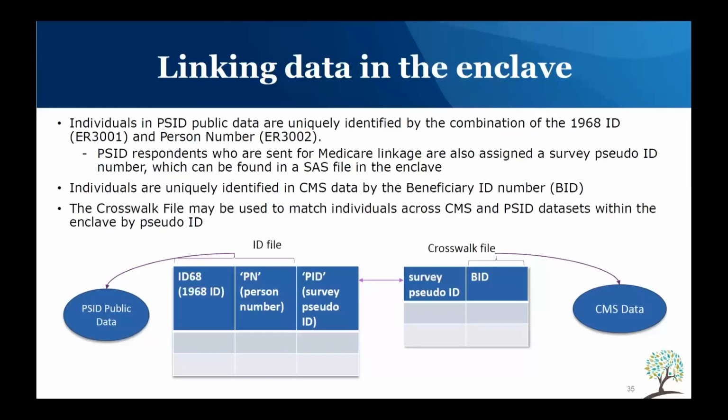So they have this pseudo ID number, which you can find in the crosswalk in the enclave. Individuals in the CMS data, on the other hand, are uniquely identified by their beneficiary ID number. And those data also have this sort of pseudo ID. So what you want to do is use the crosswalk. The crosswalk has the pseudo ID. So you want to use the crosswalk to link to the CMS data and link to the PSID data, and then merge everything together so that you have individual level matched data. Next slide.